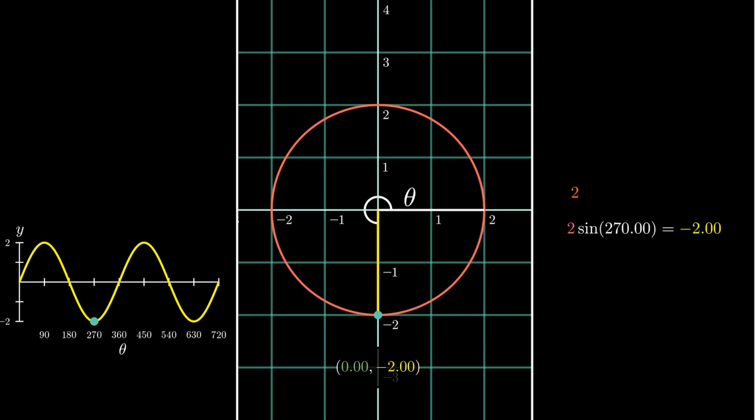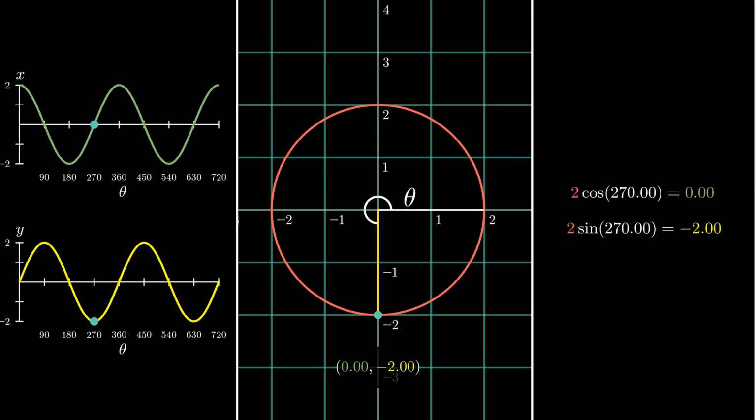Now let's bring the cosine function back in and observe them together. I will again let these rotations play out so you can pause the video and really think about this.